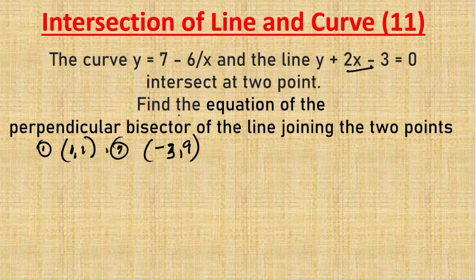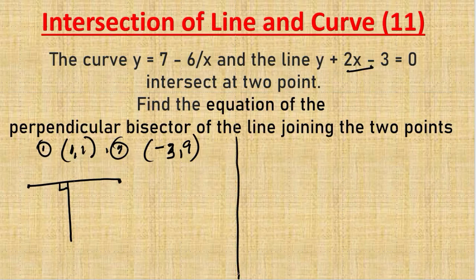Now, this question wants us to find the equation of the perpendicular bisector of the line joining the 2 points. Here's point 1 and here's point 2. The question wants me to find the equation of the perpendicular bisector to this line, the line that divides it into 2 perpendicularly.